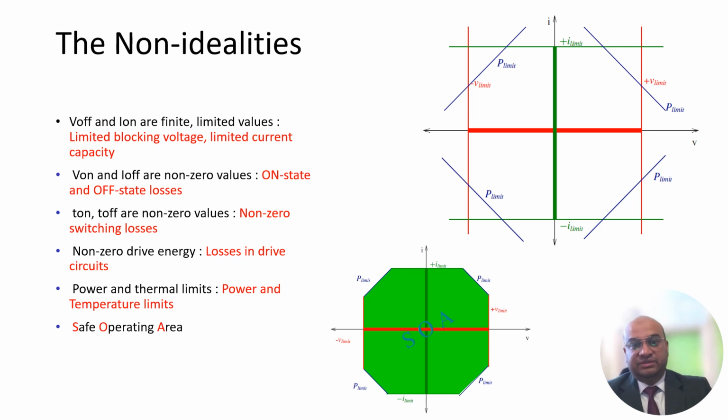The power and thermal limits are also limited. So the device should ideally operate in the safe operating area. If the device is working within the safe operating area, it will work very well. Otherwise, if it goes beyond this, there are chances the device may burn off.